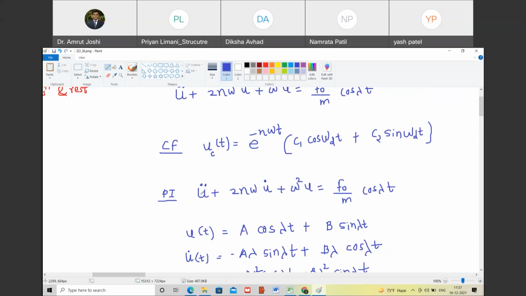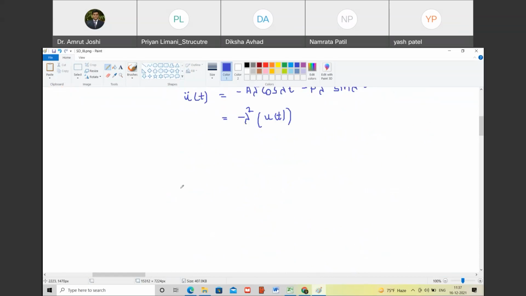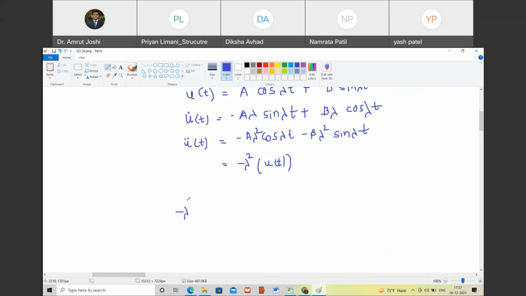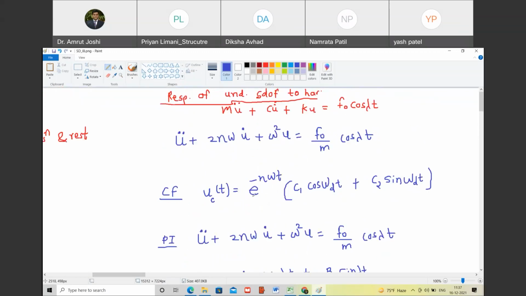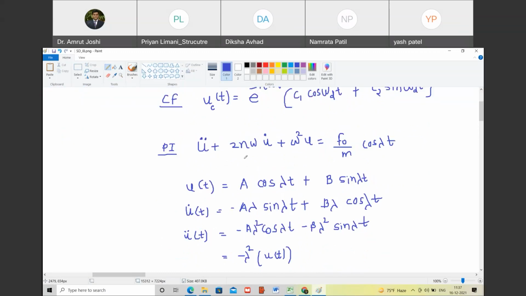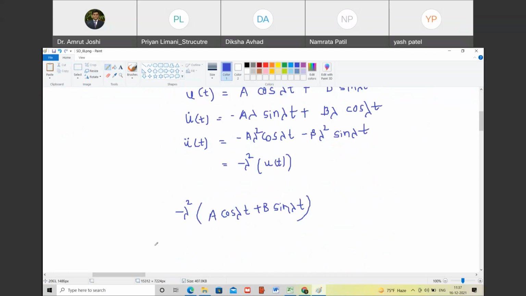What should I write down for u double dot? It is minus lambda square into u of t, which is a cos lambda t plus b sin lambda t. Happy? This multiplied by nothing, u double dot plus 2 eta omega.